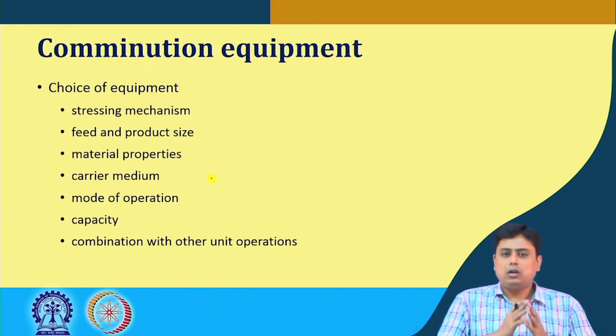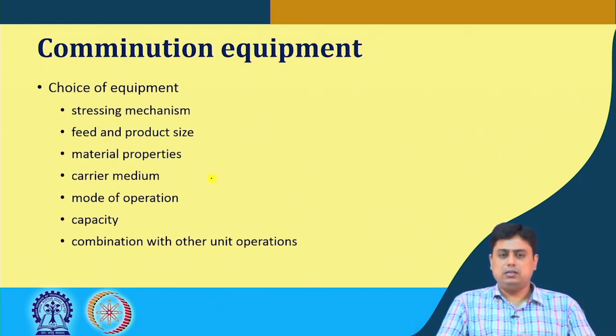An industry is not working on size reduction alone. It is one of the parts that comes upstream for the desired product, so it is associated with several other unit operations. Its adaptability to the other unit operations also dictates the choice of equipment.